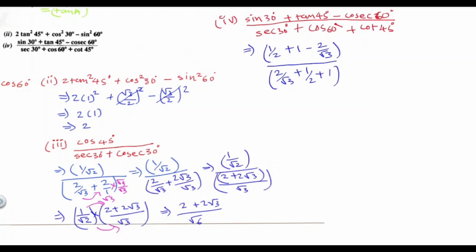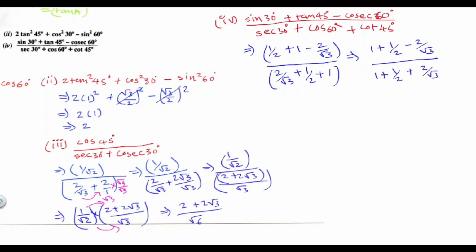Okay. Now let's arrange these things in order. So first of all, we write 1 plus 1 by 2 minus 2 by root 3, and here we have 1 plus 1 by 2 plus 2 by root 3.